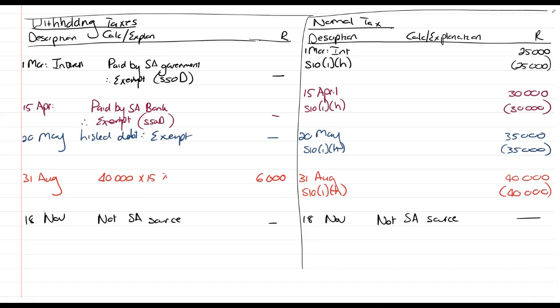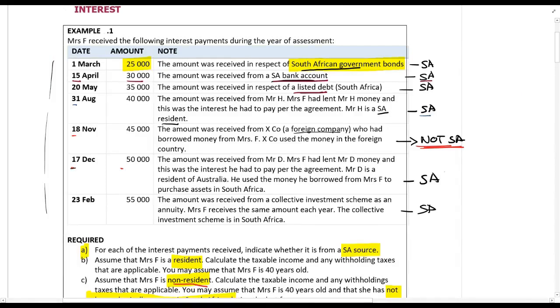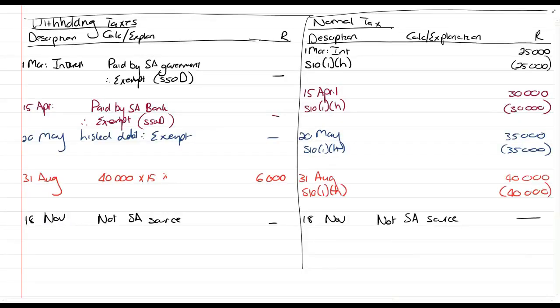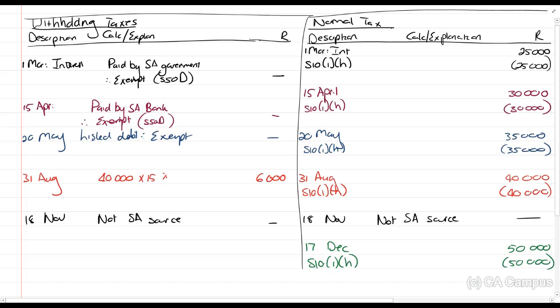So nothing. 17 December is from a South African source, 50,000 rands. Section 10(1)(h) is available. Person was not in South Africa more than 183 days. No permanent establishment. Right, there must be withholding tax. There's no exemption in this case.